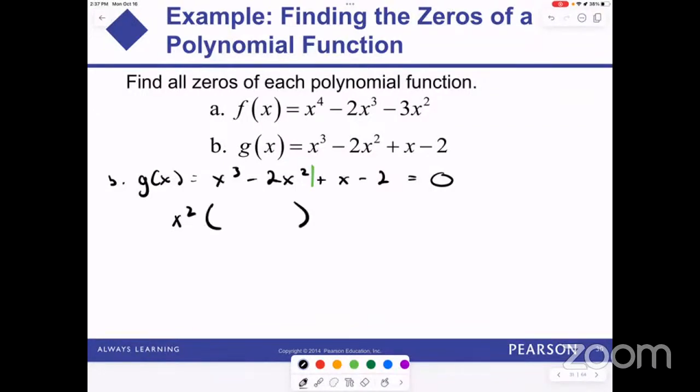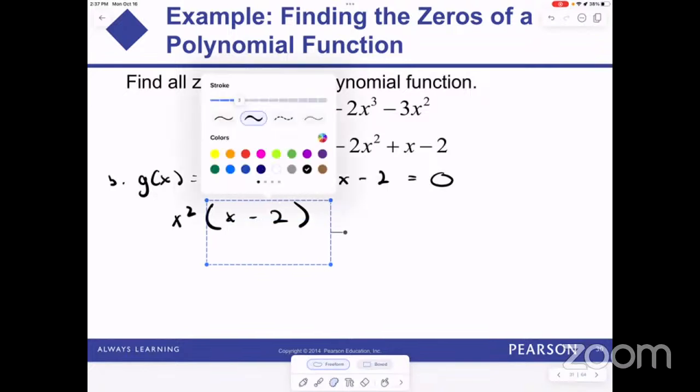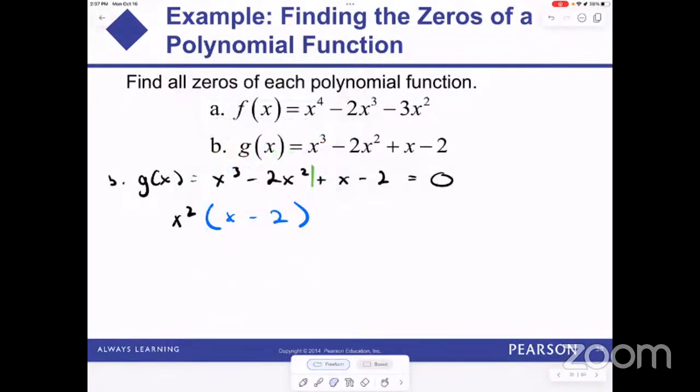The hint is we're looking for another x minus 2 on the right-hand side, and it's already there. That is what we call a common binomial factor, so we can factor out x minus 2 from both remaining terms.